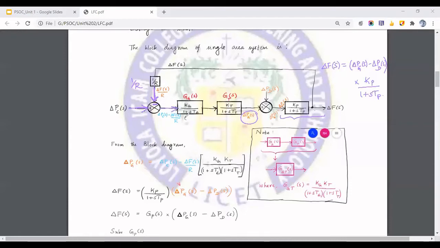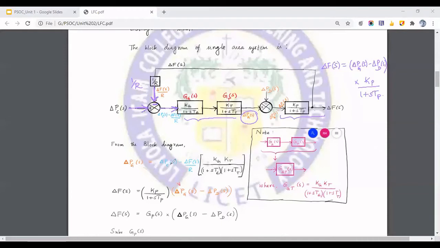That is fed as an input to the combination of the governor and turbine. We combine these two together and write it as GGT of S, where GGT of S is equal to KGKT divided by 1 plus STG into 1 plus STT. So we just write delta PG of S, the output of this governor turbine combination, to be equal to input into transfer function.